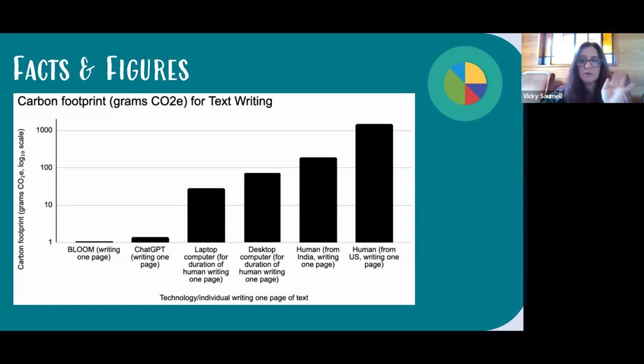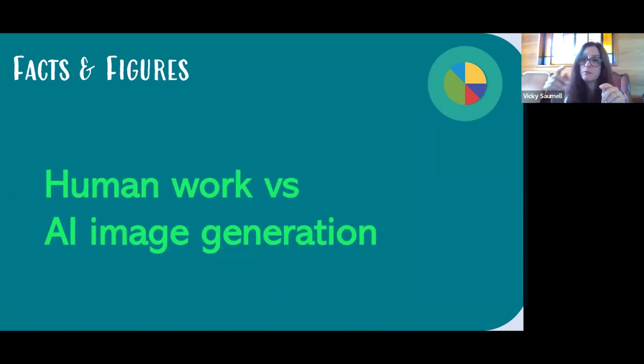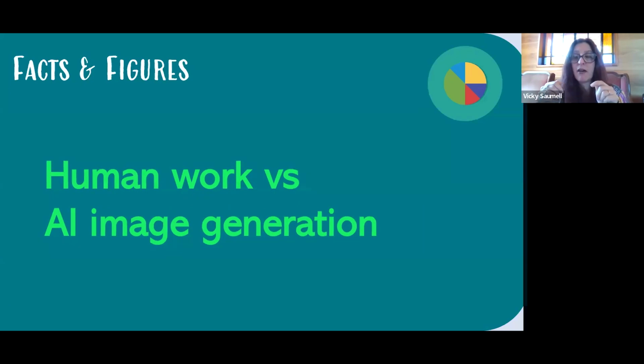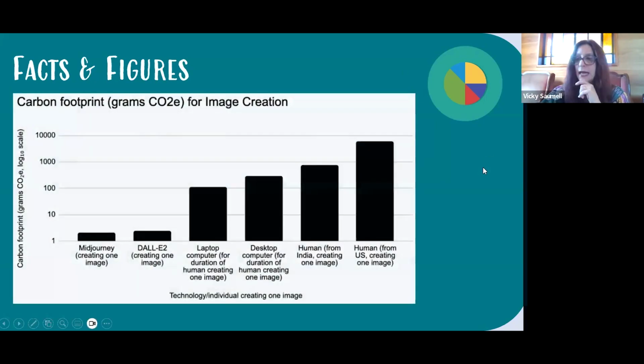Just one more piece of data to share with you. I also found the comparison of human image creation and AI image creation. And this is the chart. Again, if you look at the first two, they are generative AI tools.